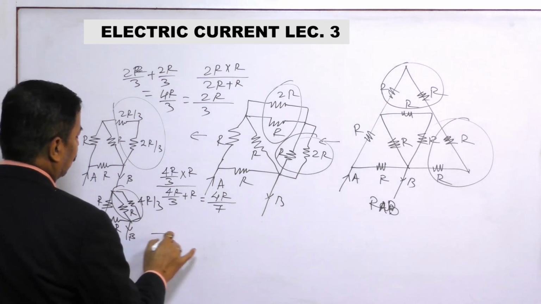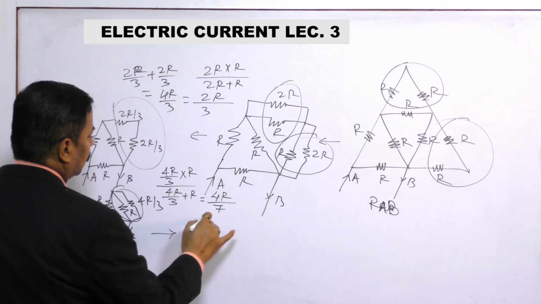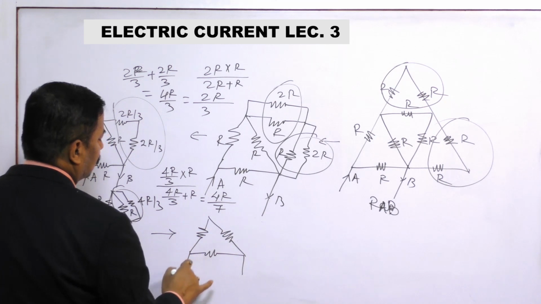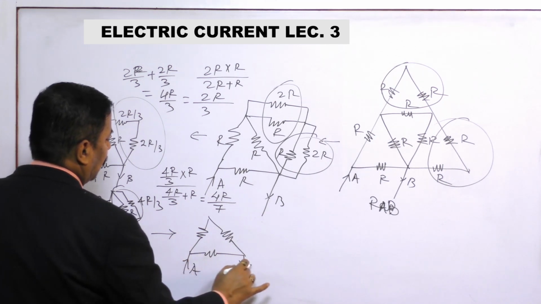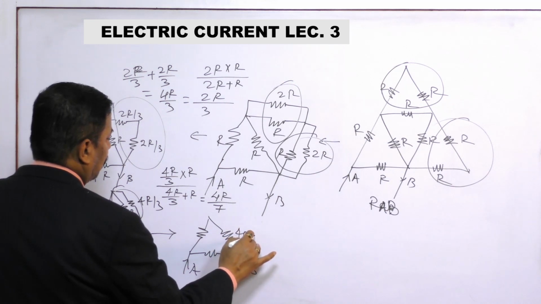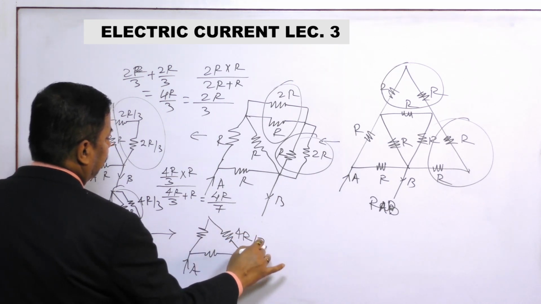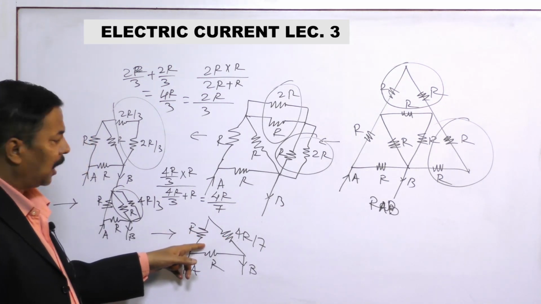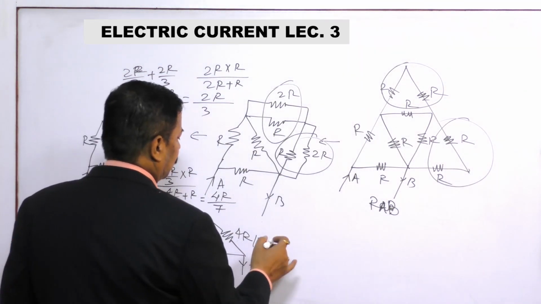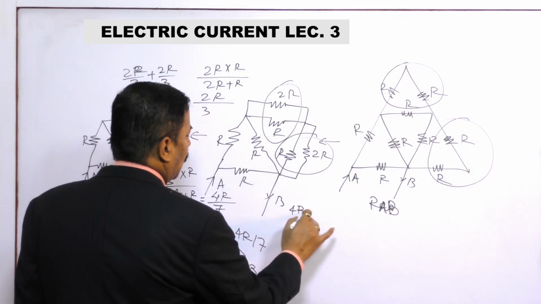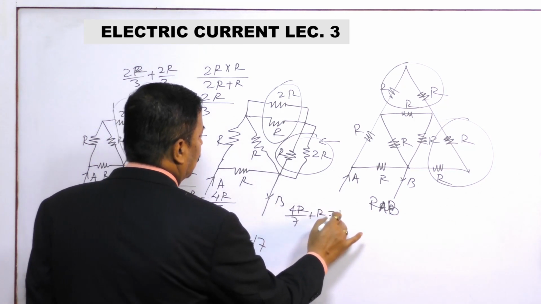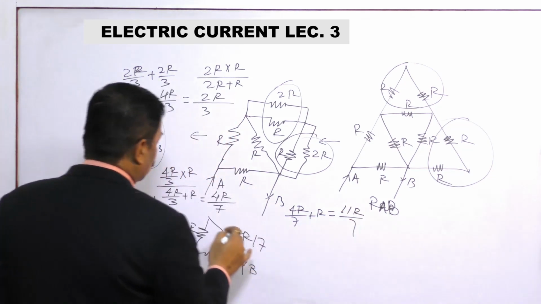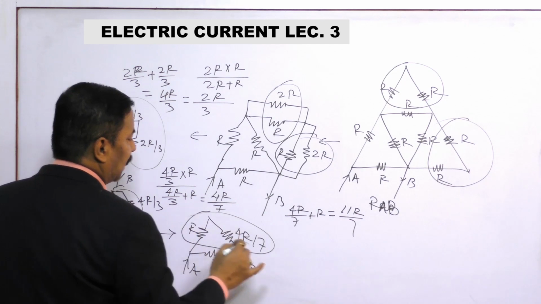Now we have A, B, 4R by 7 and R and R. Now 4R by 7 and R are in series, so you get 4R by 7 plus R, that is 11R by 7. So these two resistors can be replaced by 11R by 7.